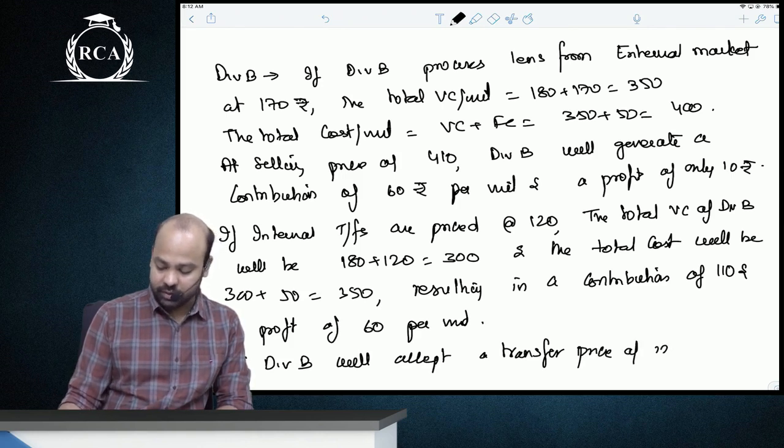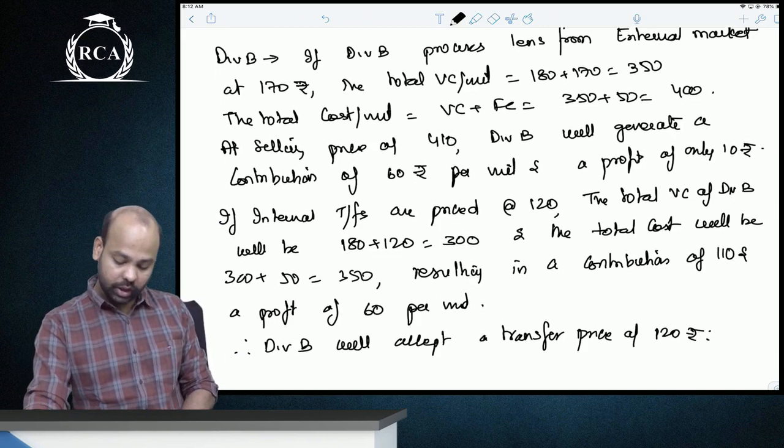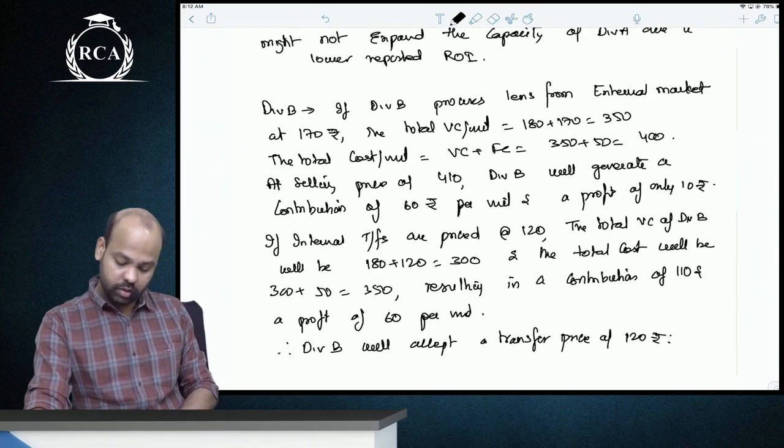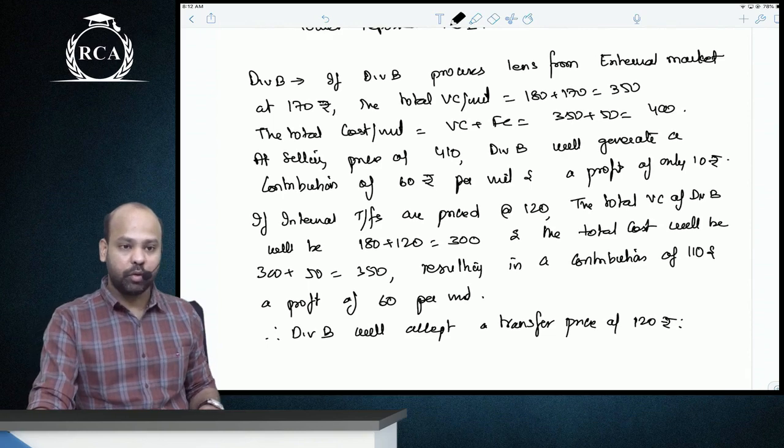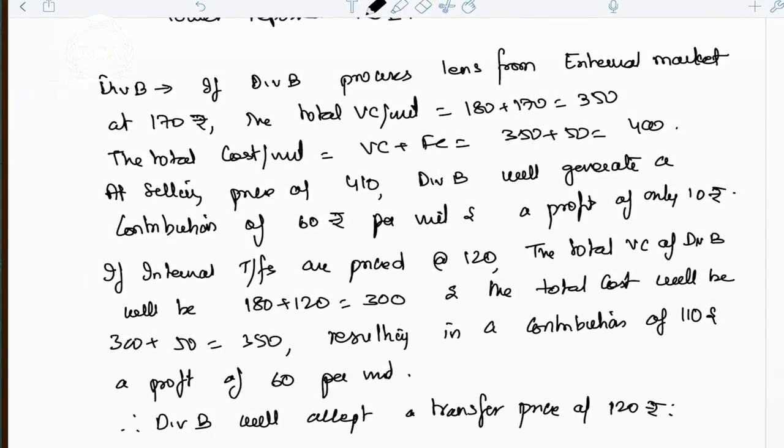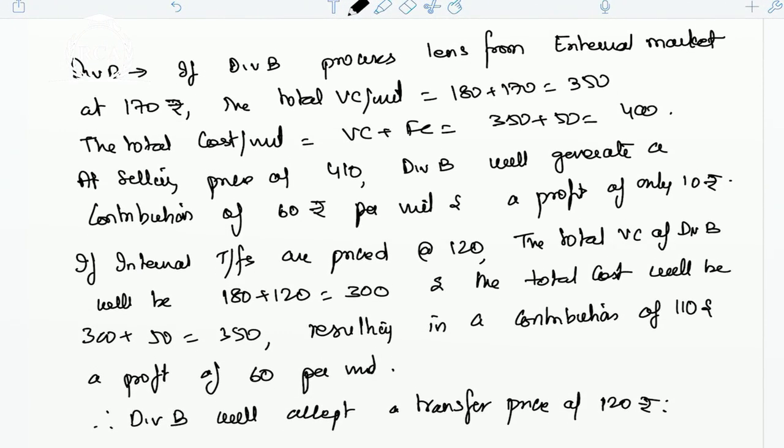Understood? This is the analysis of the behavioral consequences. How are they going to behave? Please copy this. I'm zooming in. You can pause and copy this.